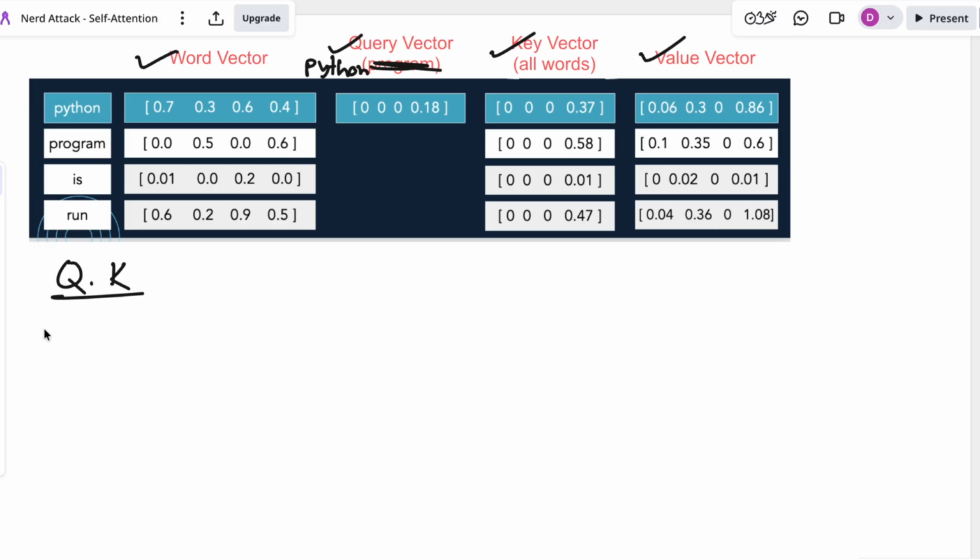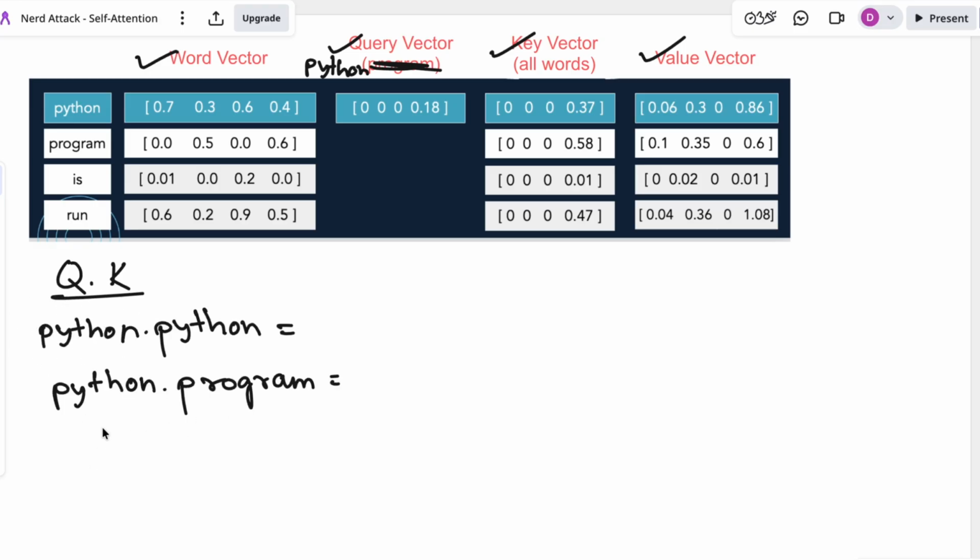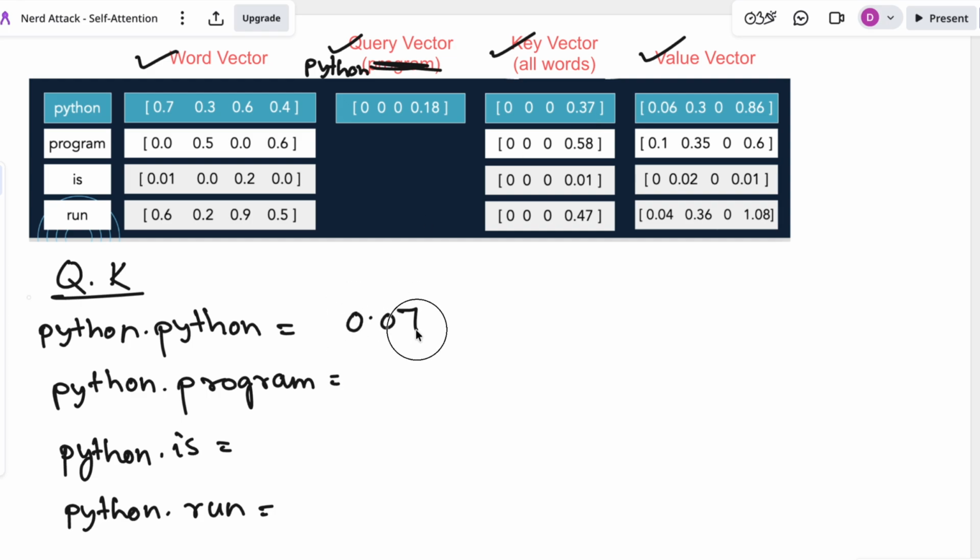So let us perform the dot product of Python with Python, then the dot product of Python and program, then Python and is, and finally Python and run. And you know how to find out the dot product. We multiply individual elements and then add them up. So the rest would be 0. So the value would be 0.18 into 0.37, and the value would be 0.07.